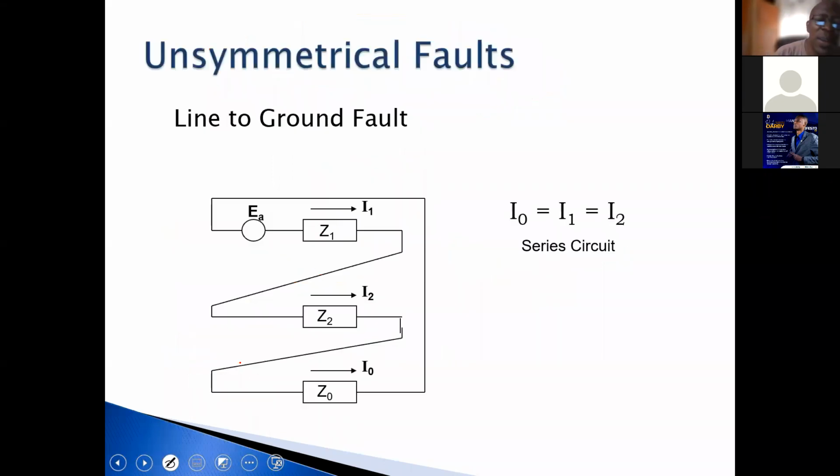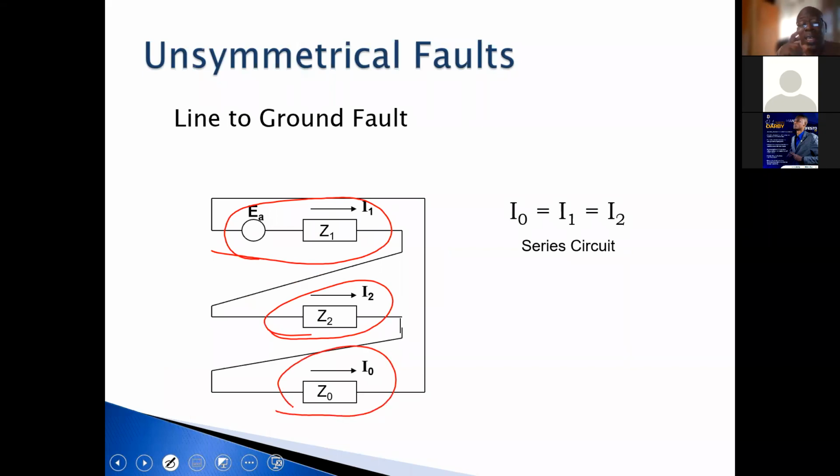So what we therefore have are the positive sequence network, the equivalent network, the equivalent negative sequence, and the equivalent zero sequence. And note carefully, students, that the currents for each are flowing outward, just as we had represented them earlier. We can't change that to suit our purposes. So the currents are flowing outward, and they are in series.